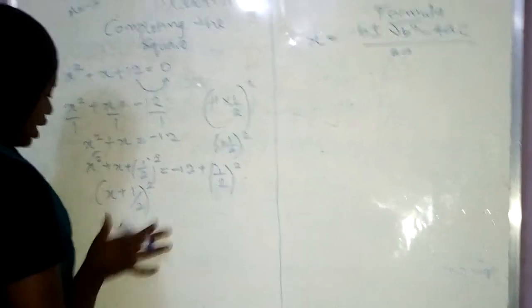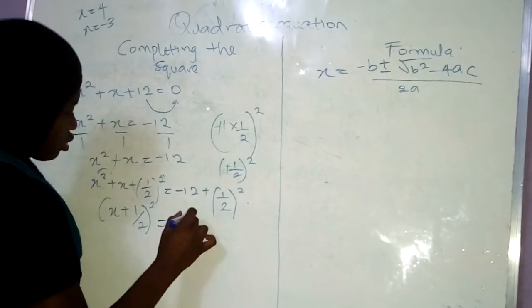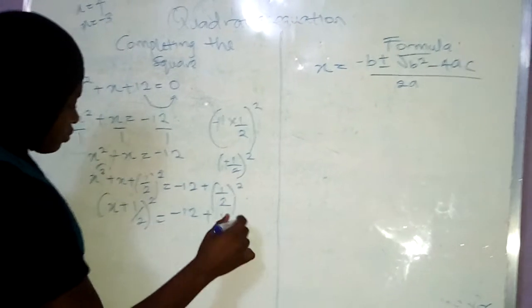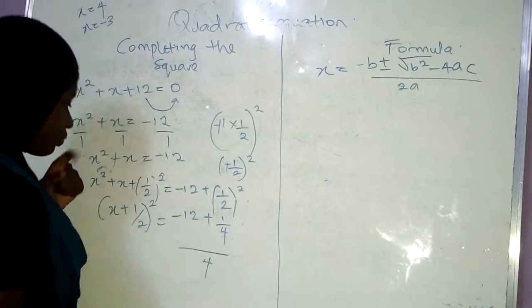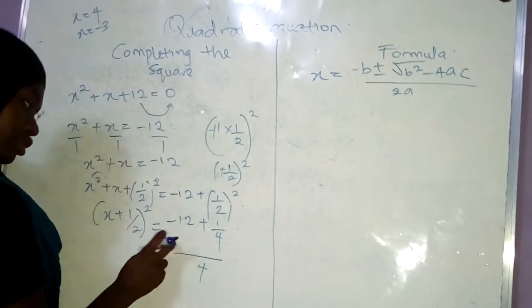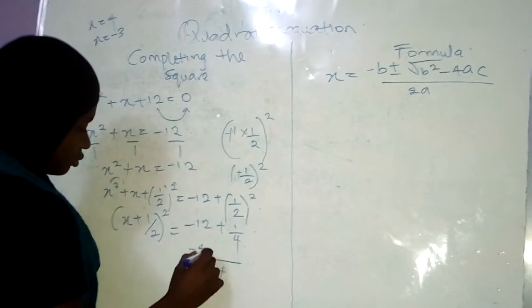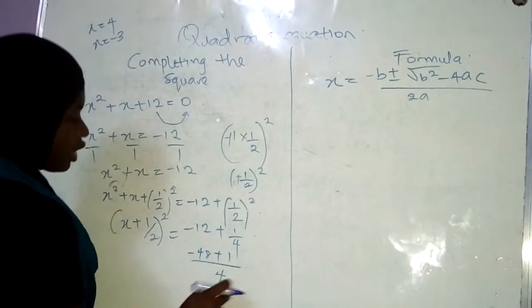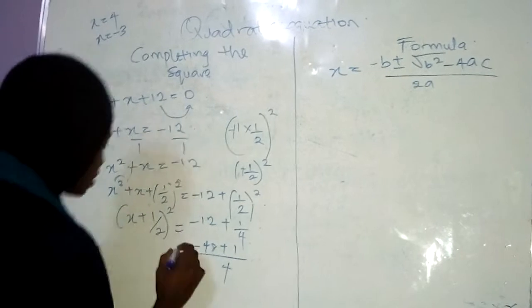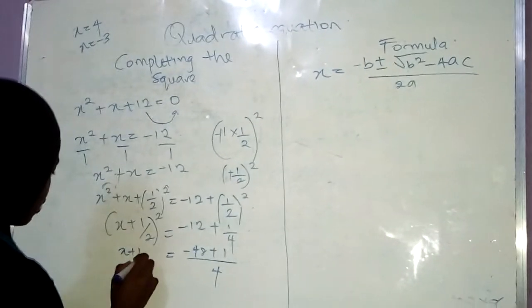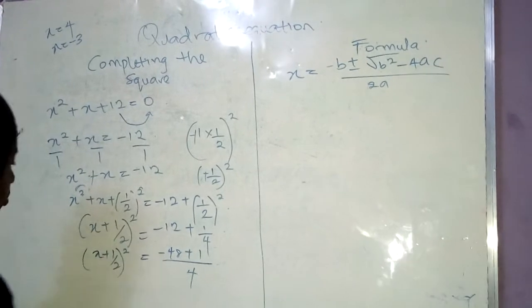I brought it out and put it together like this. Minus 12 plus 1 over 4. So LCM 4 into 1, 4 times 12, 48. 4 into 4, 1 times 1 is equals to x plus 1 over 2 square.